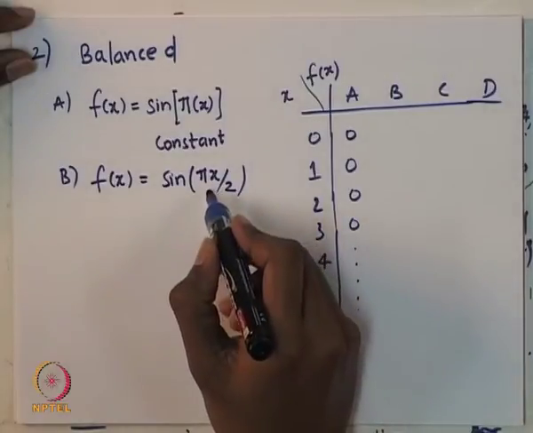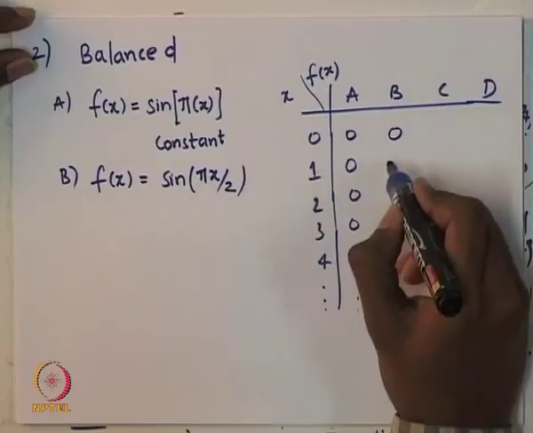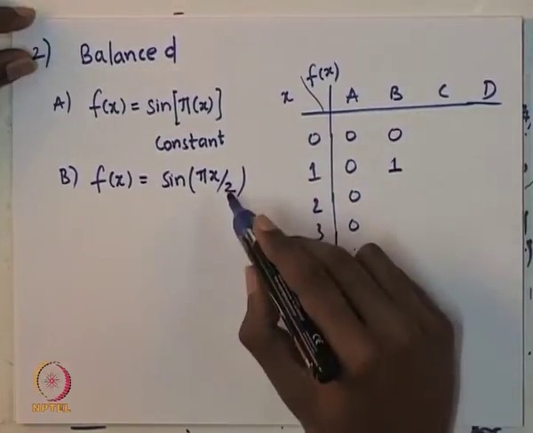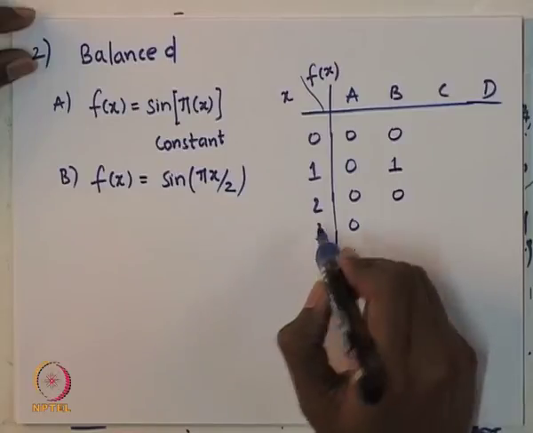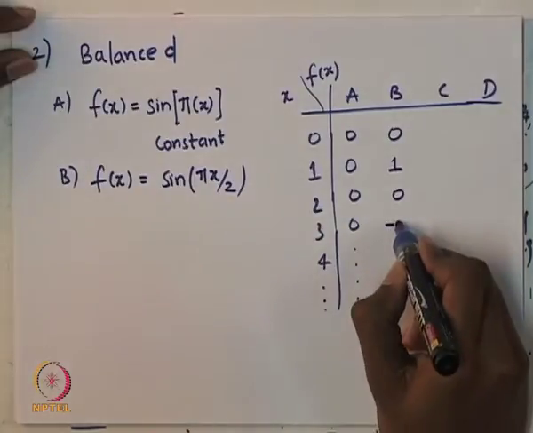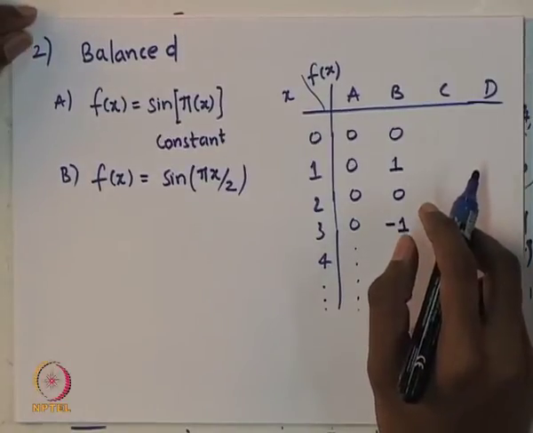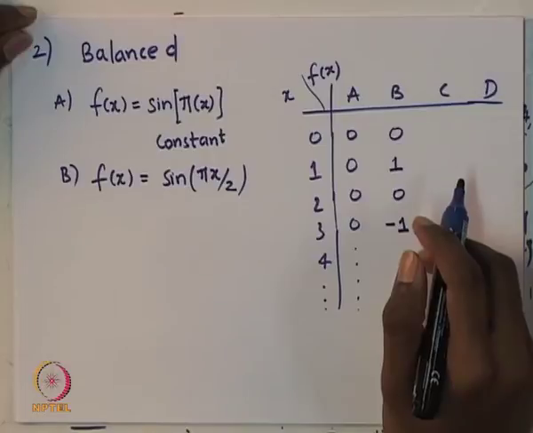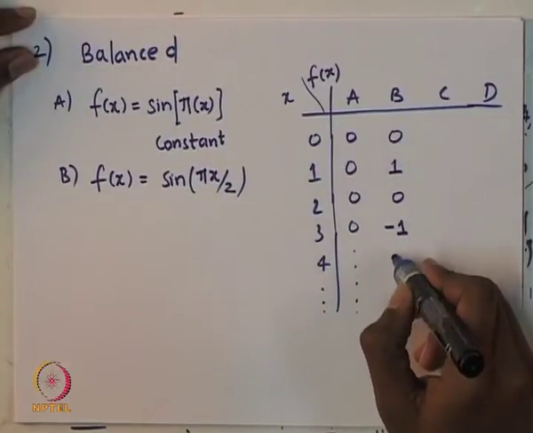When x is 0, the value is 0. When x is 1, it is sin pi by 2. When x is 2, it is sin pi, 0. But when x is 3, it is sin 3 pi by 2, which is minus 1. We see that it is not a balanced function.